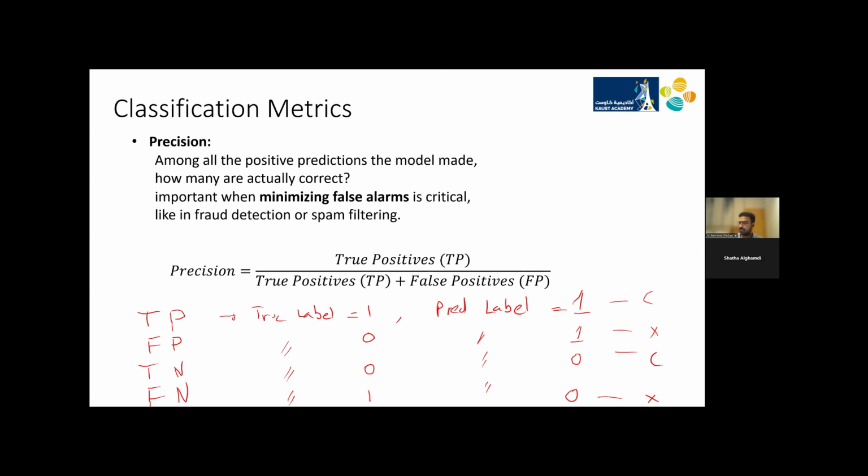So in that case, our precision, actually, let's consider spam as positive because that will make explaining it easier. Spam is positive and non-spam is negative.